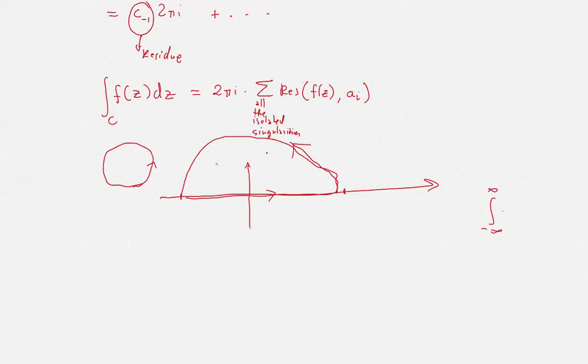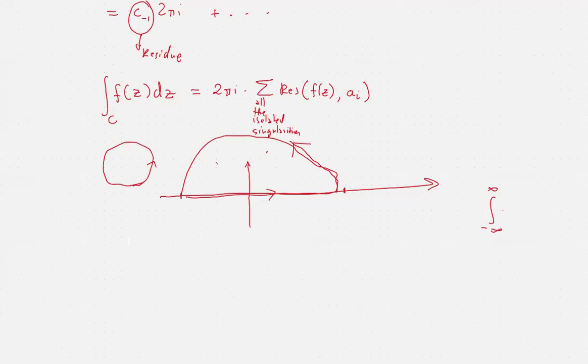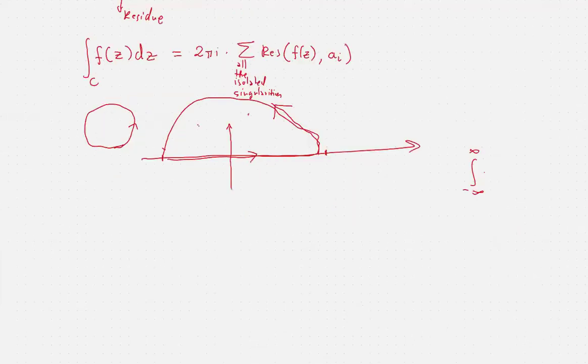If you're lucky enough, the integral on the circular part, as the radius becomes larger and larger, will tend to zero, which means eventually if you let this expand more and more, you will get your improper integral being equal to the sum of some residues times 2 pi I. And it's really impressive how this can be used in order to compute all sorts of integrals.